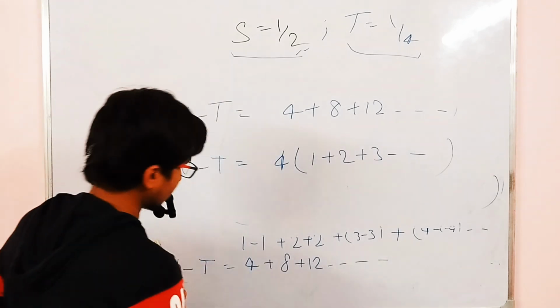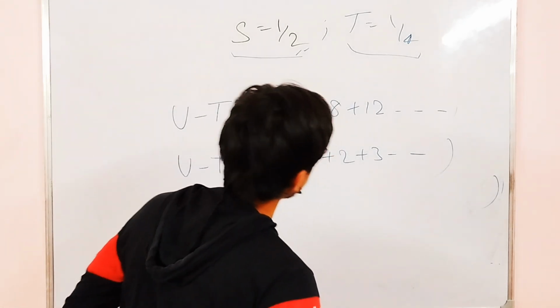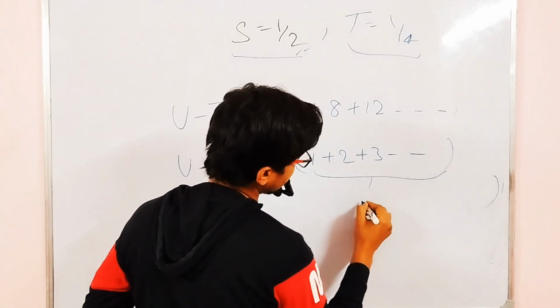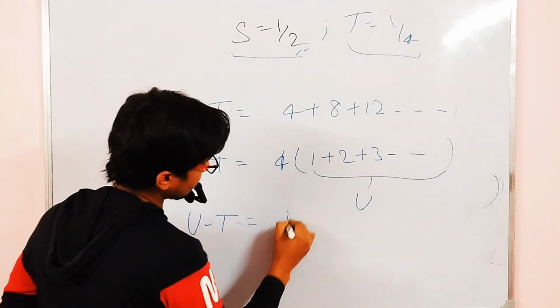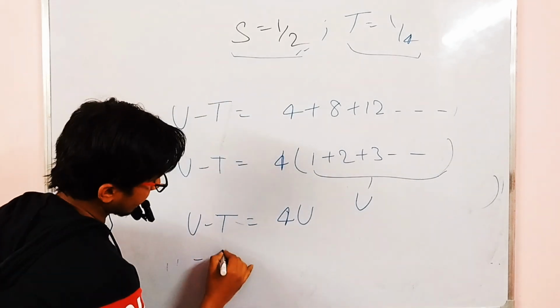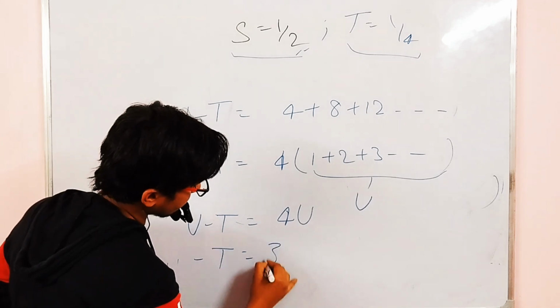Now we can say this is the same as u. So u minus t is equal to 4u. So minus t is equal to 3u.